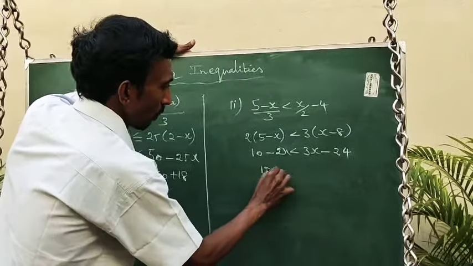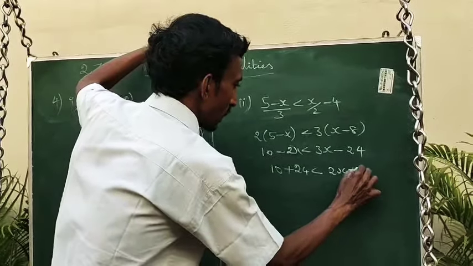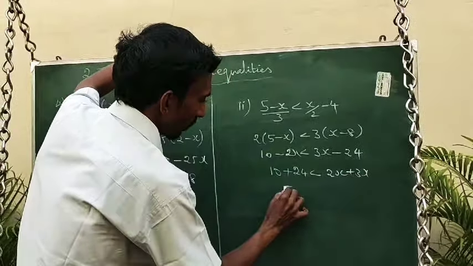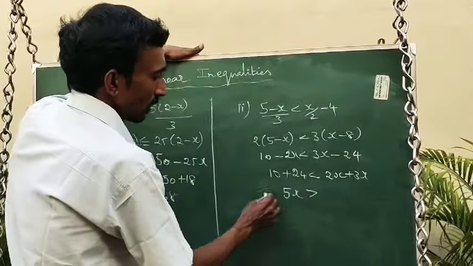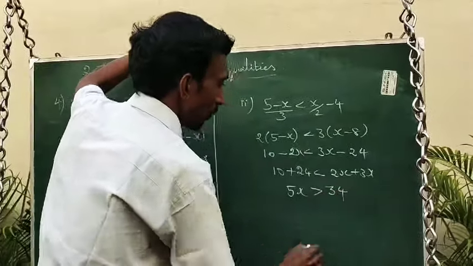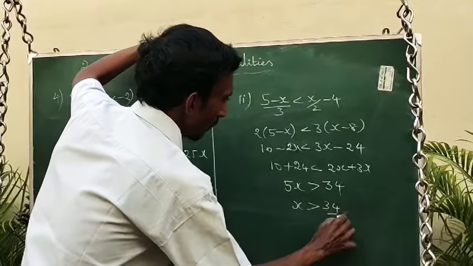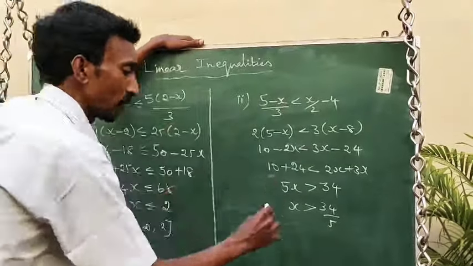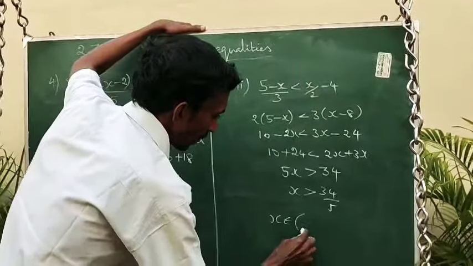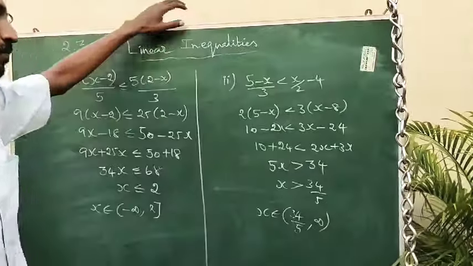So 10 plus 24 less than 2x plus 3x. So it is 5x, or we can rewrite as 5x greater than 34. Okay, so x greater than 34 by 5. Greater than 34 by 5 means up to plus infinity. So x belongs to 34 by 5 comma infinity.